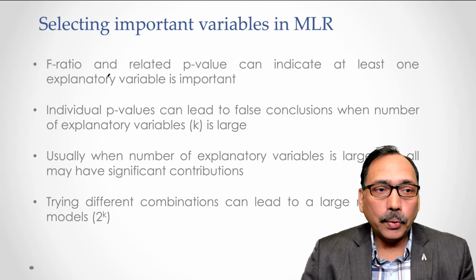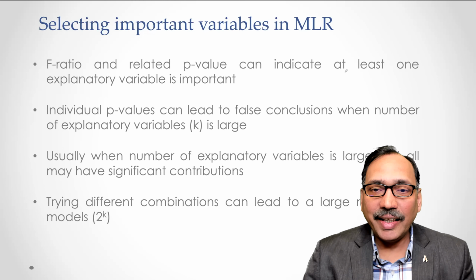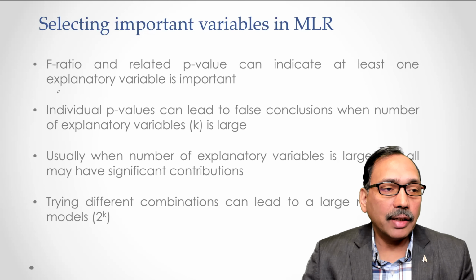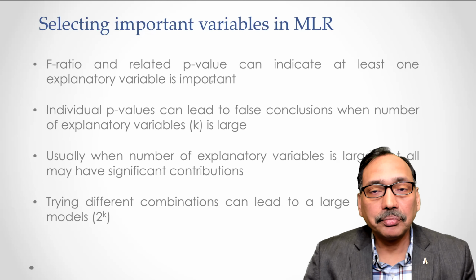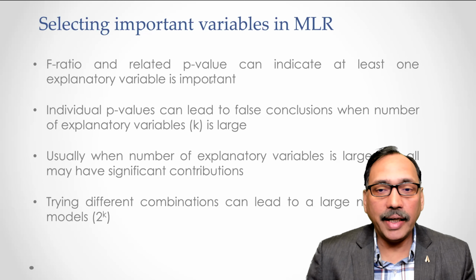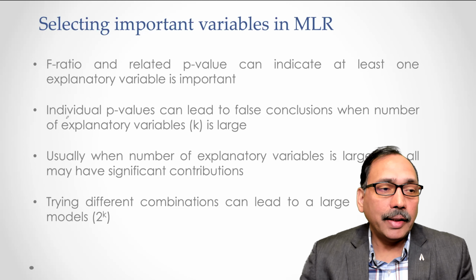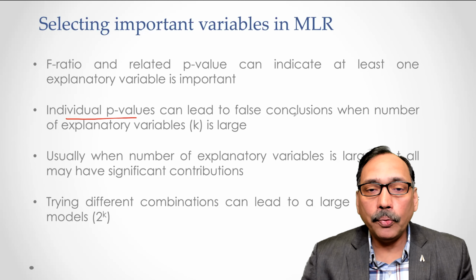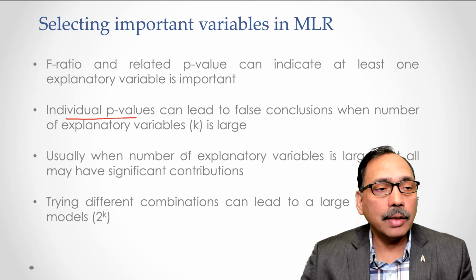The F ratio and related p-value can indicate at least one explanatory variable is important. We have been using that. And individual p-values can lead to false conclusions when the number of independent variables is large.